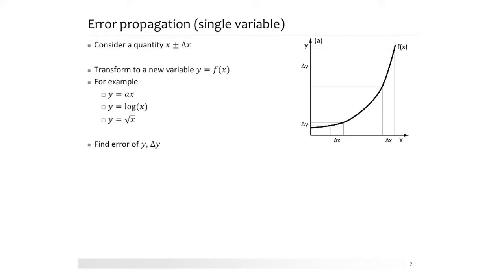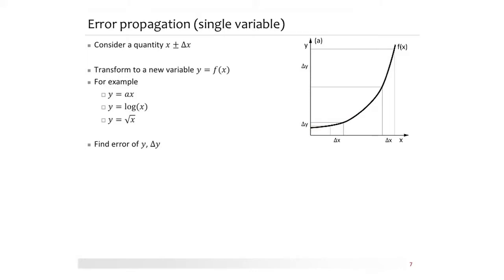Now, what we aim to find is the error of this quantity y. So given x plus minus delta x, we want to find y plus minus delta y. And if you look at this plot, there is one thing immediately obvious: for the same error in x, depending on how steep this function is, you can have a corresponding error in y which is small, because the function here is flat, so large variability in x will cause only small variability in y, and vice versa.